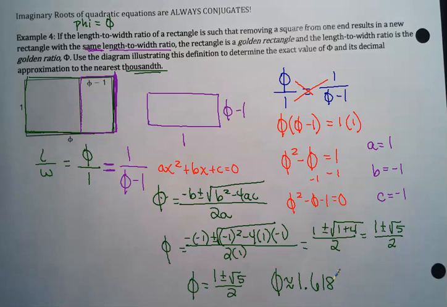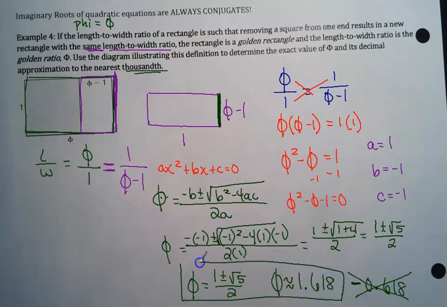But my question is, can I have a negative when it comes to finding the length of something? Absolutely not. So this one is not actually an option. You're just going to have one decimal approximation. That being said, can I have this minus down here?